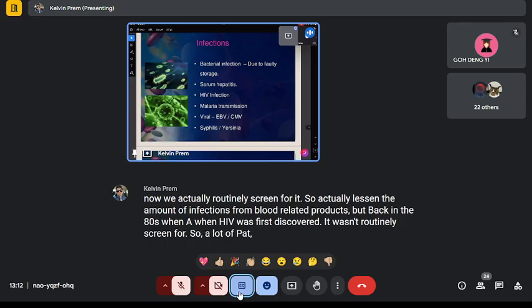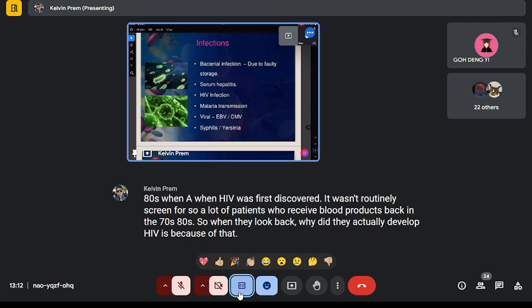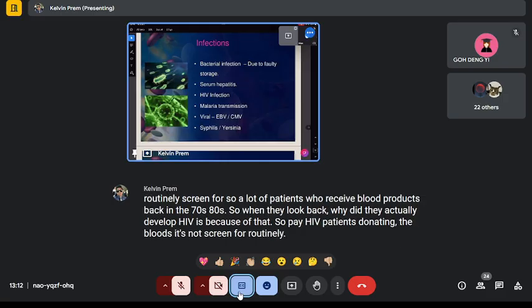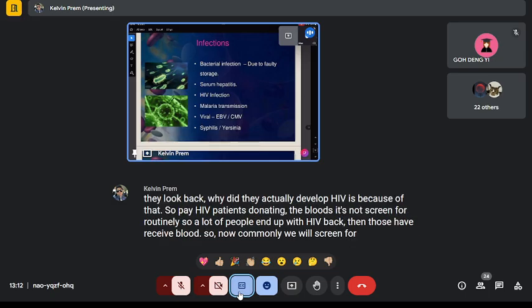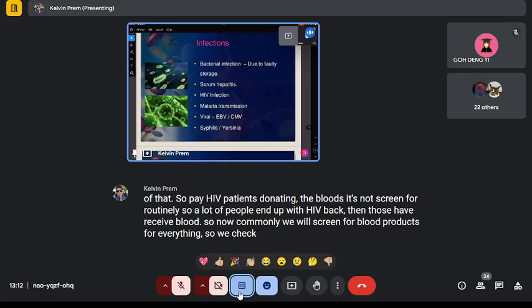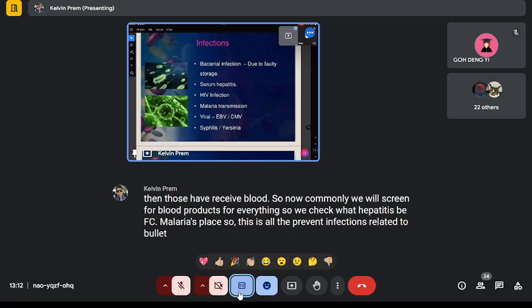So a lot of patients who received blood products back in the 70s and 80s, when they look back, developed HIV because of that. HIV patients donating their blood was not screened for routinely, so a lot of people ended up with HIV back then. Now we commonly screen blood products for everything. We check for hepatitis B, hepatitis C, malaria, syphilis. This is all to prevent infections related to blood transfusion.